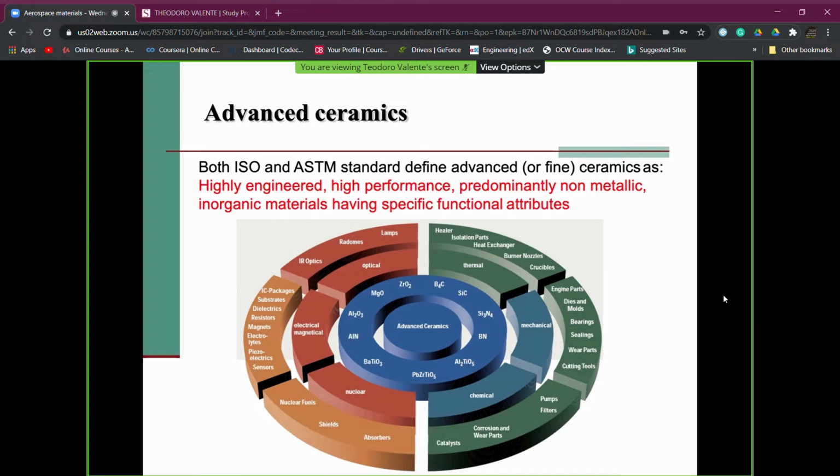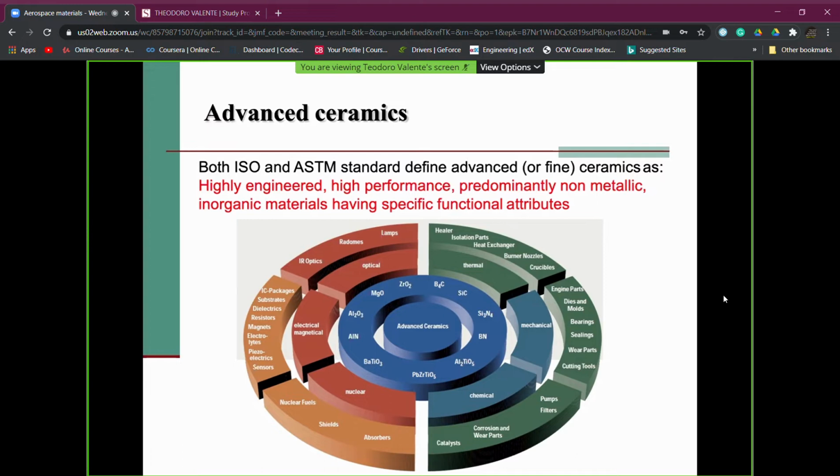Or we can have also applications for chemical purposes by relying, as we said before, on the fact that electrochemical corrosion cannot happen with ceramic materials.